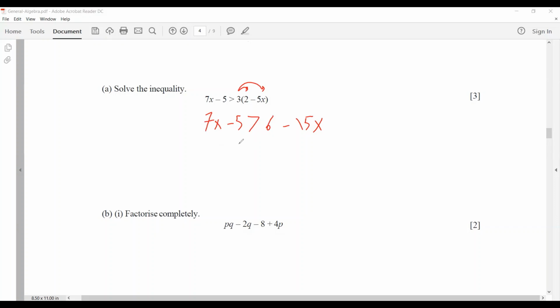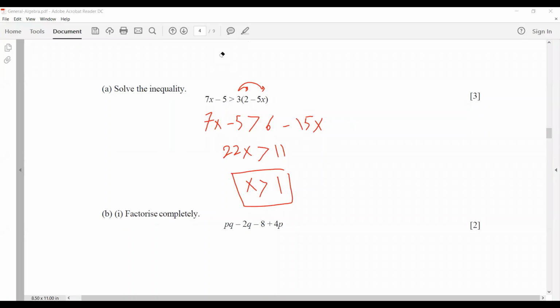That would be 7x plus 15x, 22x, greater than 6 plus 5, 11, everything divided by 11. And since that's positive, you don't need to flip this sign. And that's the answer. They don't want us to show it on a number line. Sometimes they ask you to show it on a number line, and I think you know how it should be done.